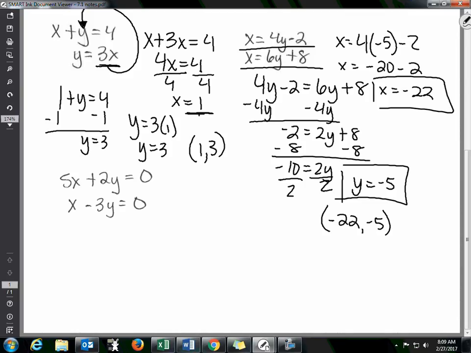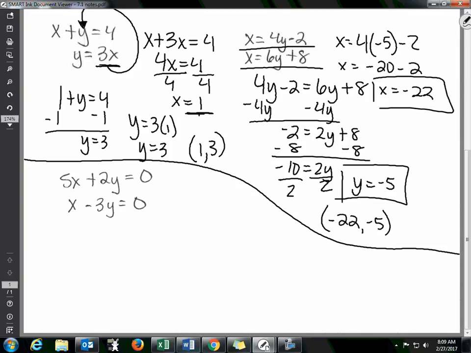Okay, so now the last one is what a lot of times your systems will look like, right? So x plus 2y equals 0, and x minus 3y equals 0, right? So you're not told what one of the variables equals, or that they both equal the same thing.